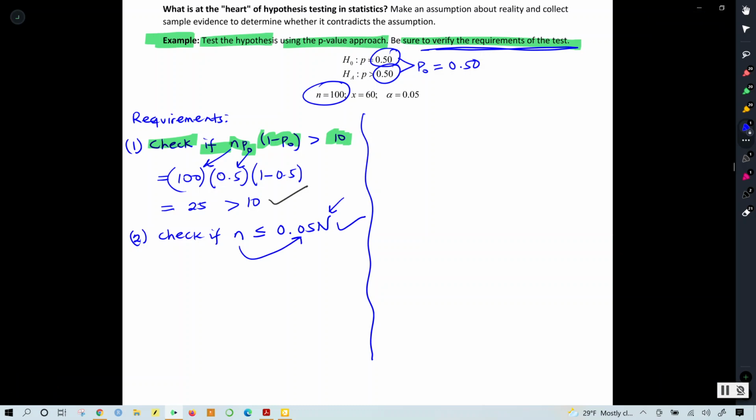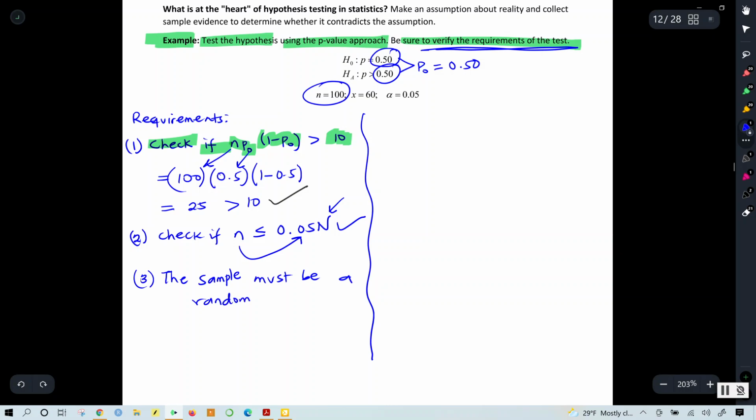Then the third condition is that the sample must be a random sample. So in this case again, the only way I can go about this test is to assume that this requirement is met before I am asked to test the hypothesis using the p-value approach.